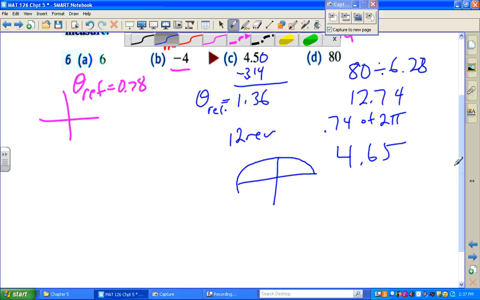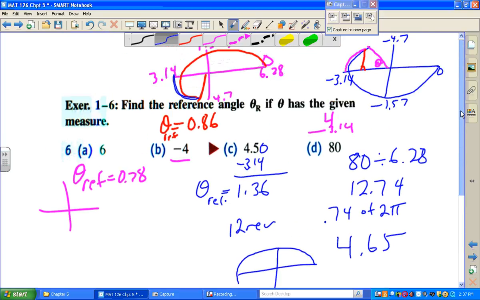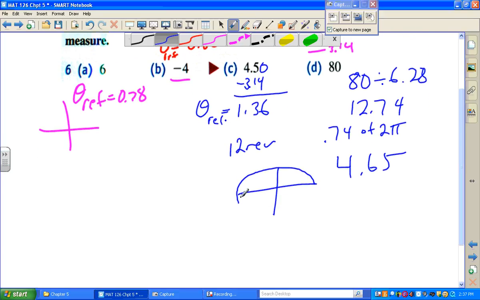Hey, wait a minute. Does that end just short of 4.7? We got 80 divided by 6.28 is 12.74. So that means 0.74 of 2 pi gives me the leftover radian angle measure.